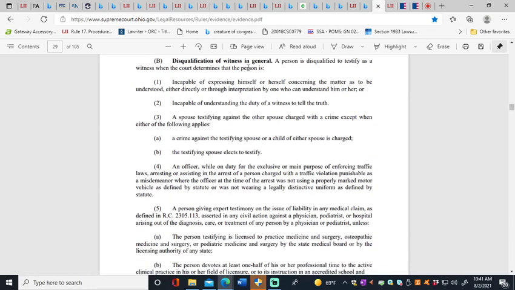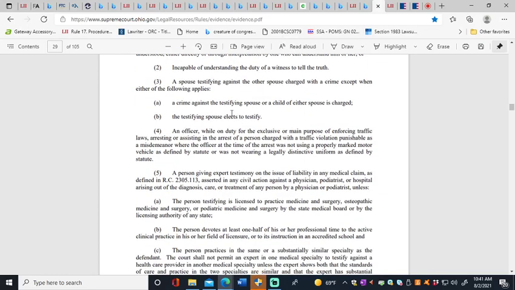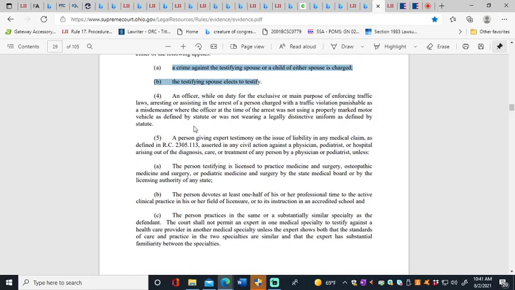Now, disqualification of a witness in general: a person is disqualified to testify as a witness when the court determines that the person is incapable of expressing him or herself. I'm not going to go through everything. Incapable of understanding the duty of a witness to tell the truth. A spouse testifying against another spouse. A crime against the testifying spouse or child, right? The testifying spouse elects to testify. So the judge can disqualify your spouse.